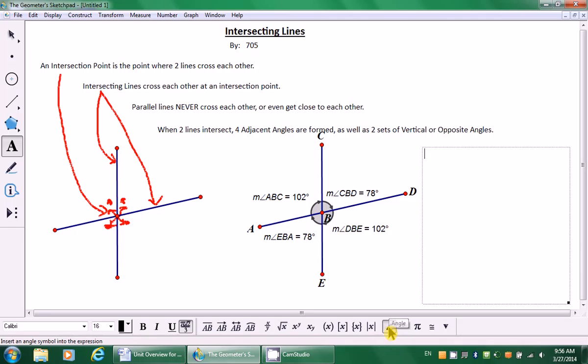Let's use the symbol for angle: angle ABC and angle DBE are vertical angle pairs. Hit enter. Now let's talk about this angle and this angle. Angle CBD and angle EBA are vertical angle pairs.